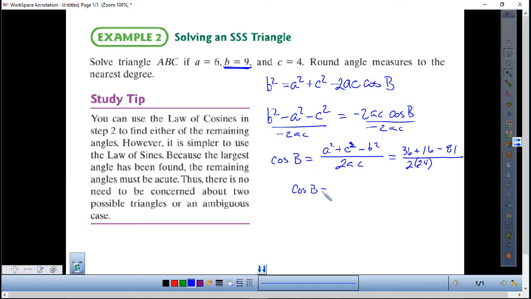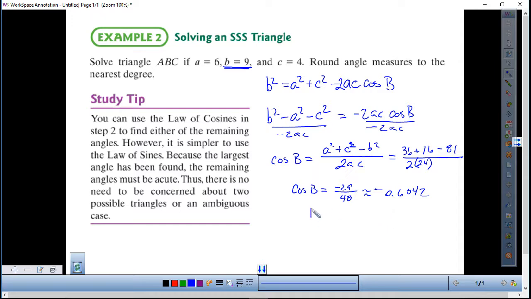So the cosine of B, when you put all that together, is 36 plus 16 minus 81, which gives you negative 29 on the top, and on the bottom, of course, 48. Then calculating the decimal version, negative 29 divided by 48 gives you negative 0.6042.